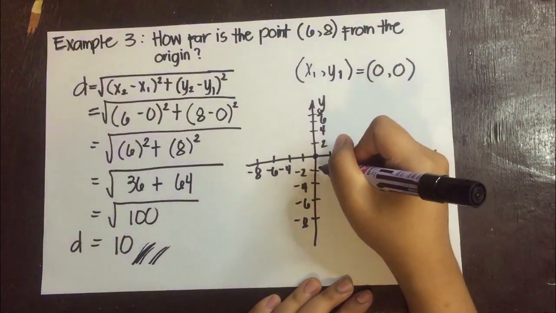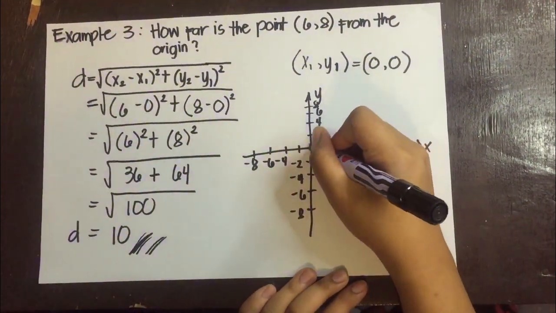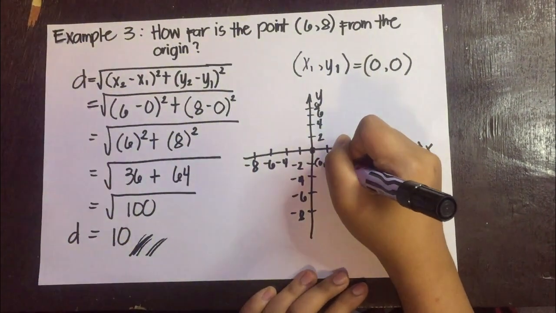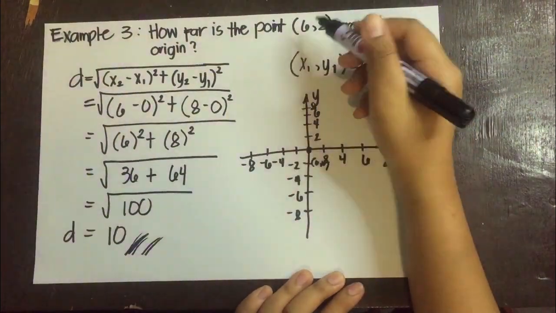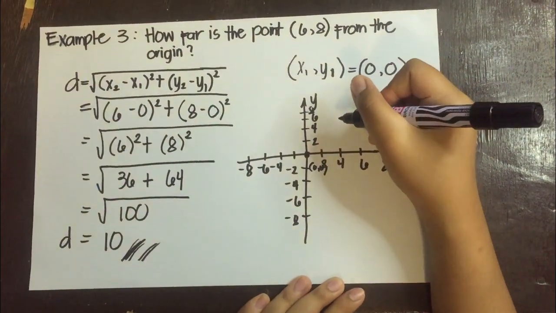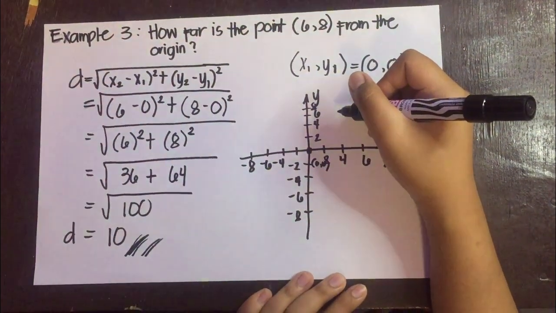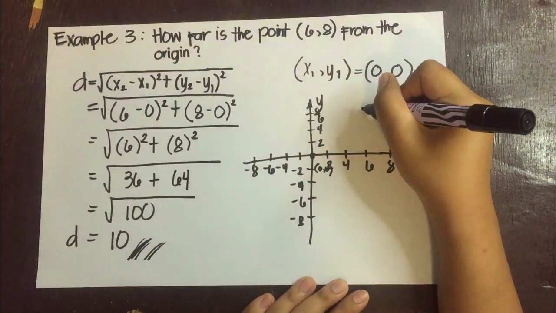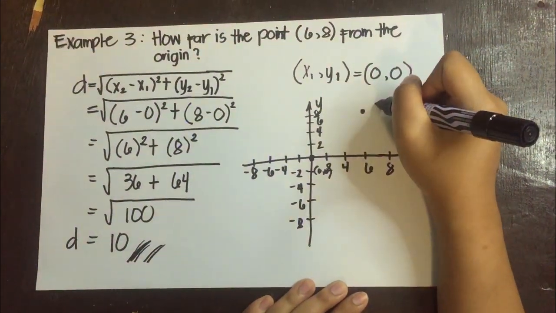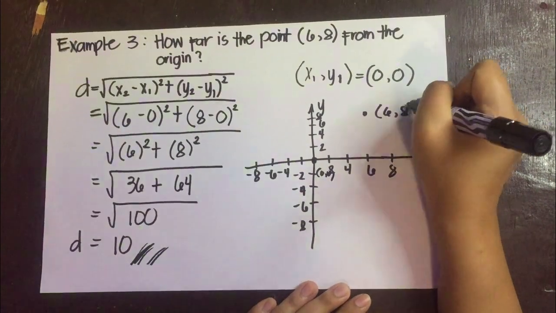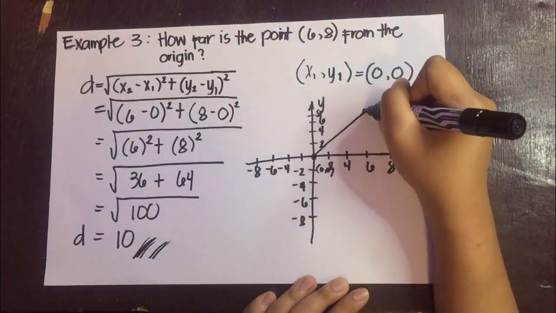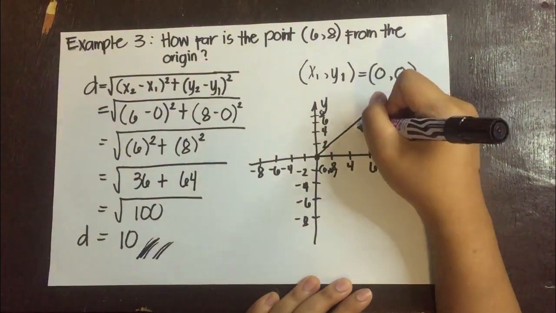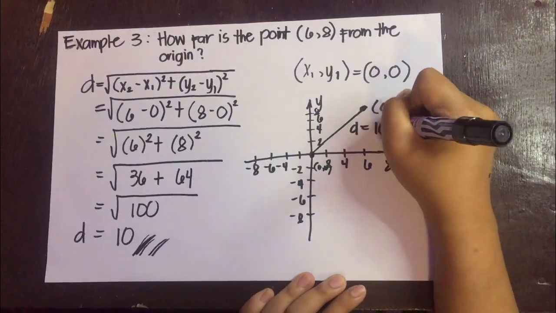So let's plot it here in our graph. This would be our point 0 and 0, and let's plot the point 6 and 8. So the distance between these 2 points is 10.